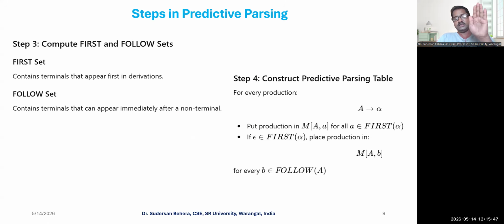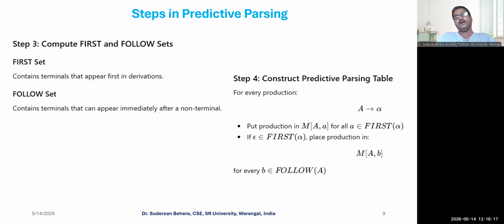If the non-terminal is A and after that small c is there, then small c will be taken as the follow of capital A. Anything that immediately appears after that non-terminal can be considered as a follow if that is a terminal symbol. If not, then it can be further expanded.